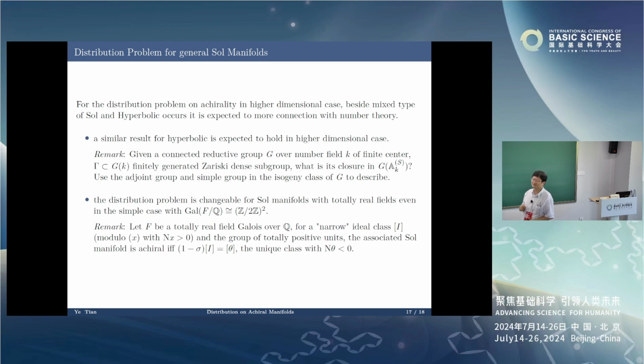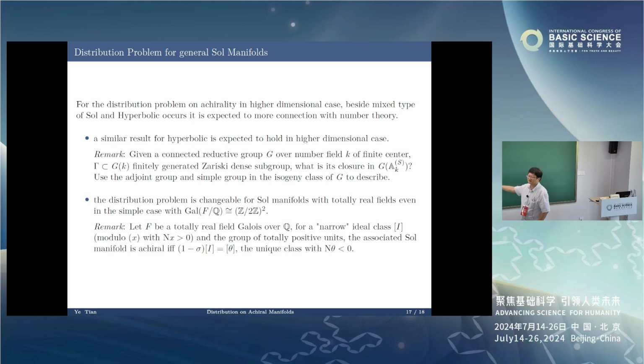But if you start this distribution problem, the analytic number theory part becomes very difficult in higher dimensions, even if you just think about degree 4 instead of degree 2. Okay, so this gives you many new questions in number theory from topology, right?